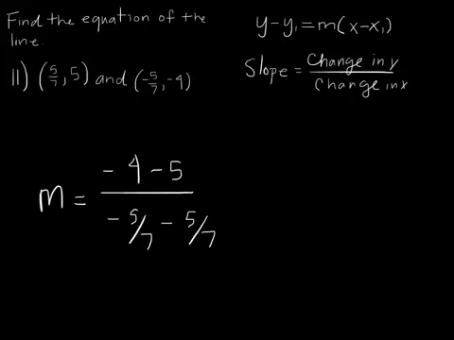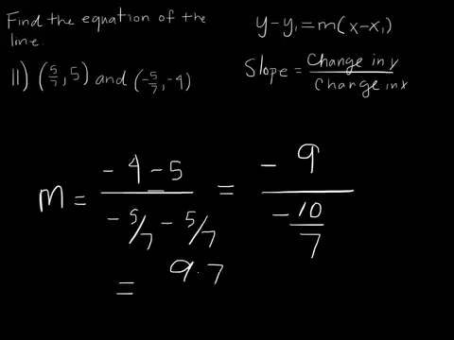So I have to do the same thing on the denominator, the second point's x value minus the first point's x value. So going ahead with this, I get minus 9 over negative 5/7 minus 5/7, which is negative 10/7. And I can go ahead and clean this up. The negatives will cancel, and I'll have 9 times 7 over 10, which equals 63 over 10.